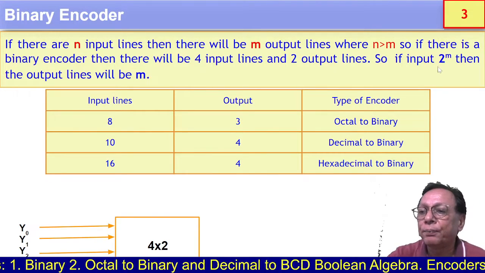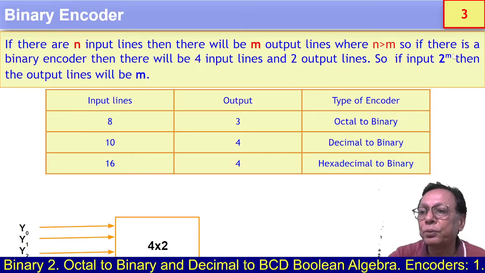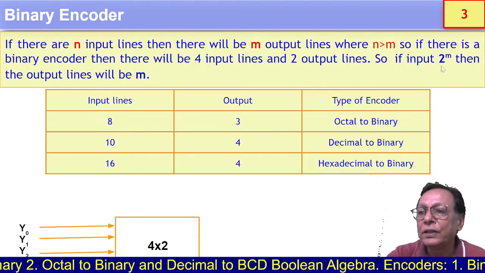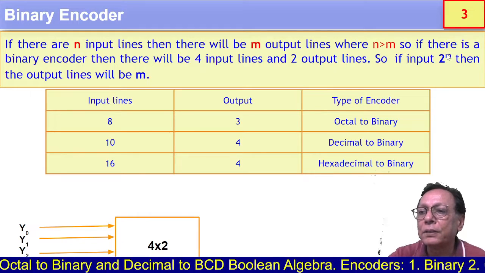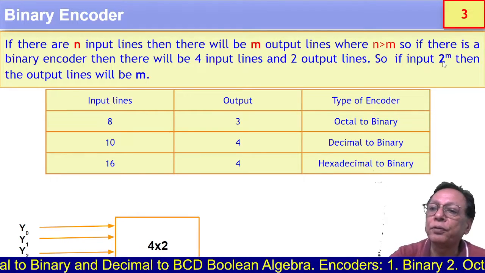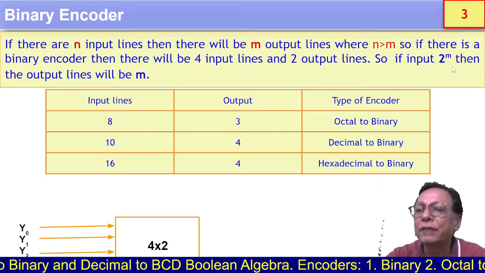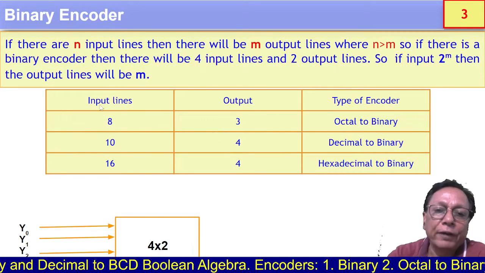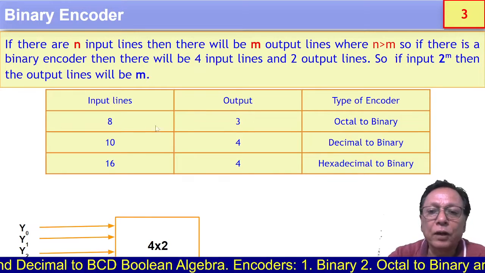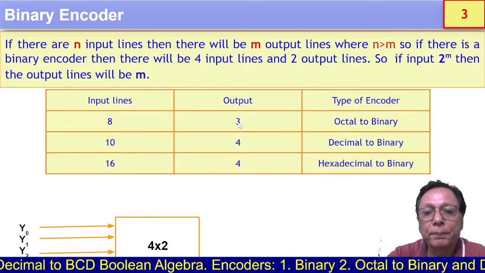So if 2 to the power 3 are the input lines, then 3 will be the output lines. This table shows that if input lines are 8, then output lines will be 3.